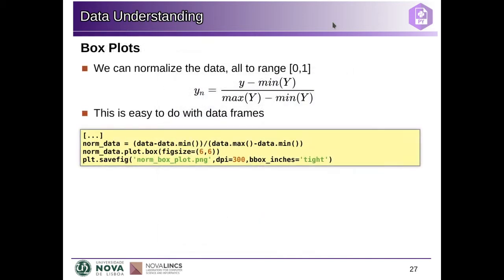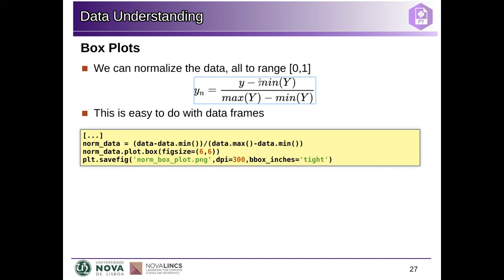So one thing we can do is normalization. Normalization is a rescaling operation that changes each of the series into values between 0 and 1. So basically what you do is you compute a new value of y for each of your points: from the original value that you have, you subtract the minimum of all your series, and then you divide by the distance between the maximum and the minimum.